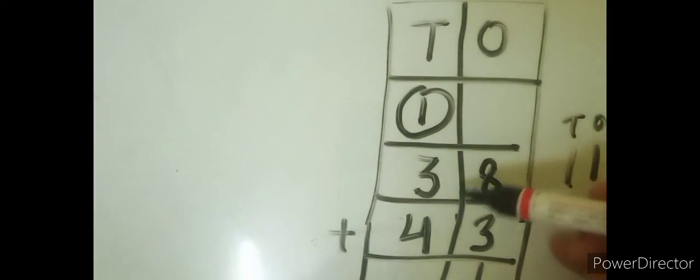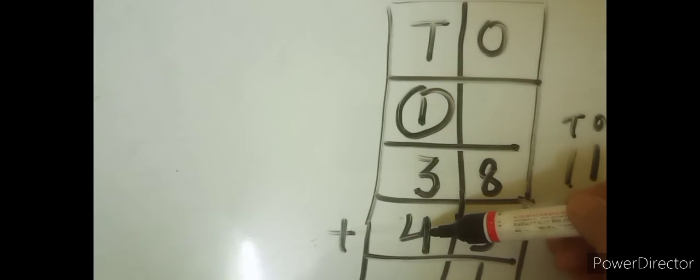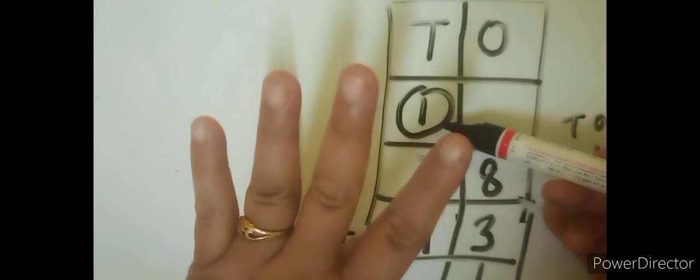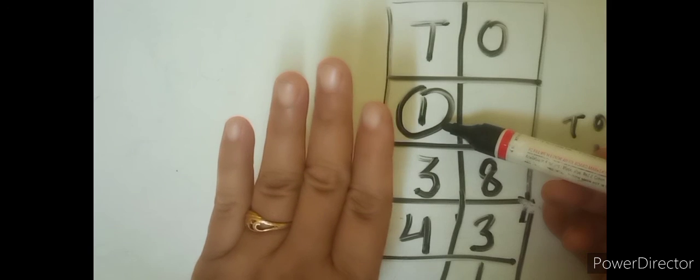Now tens place, ones place, I have written 1 here. And in the tens place I have written the carryover. Now look at here. Which one is the biggest number? 4. 4 in your mind. Now you have to make 3 in your finger. After that make 1 carryover also in your finger. Okay.